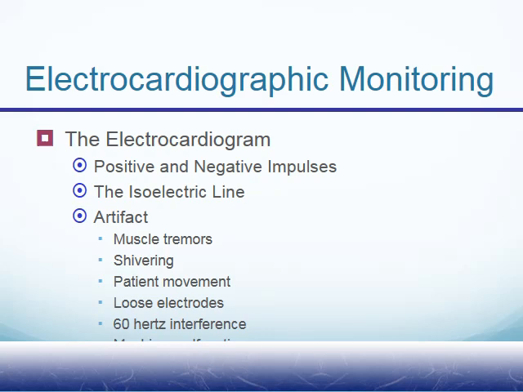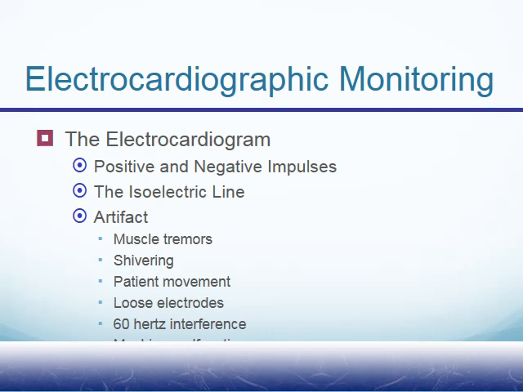It's important to remember as we start looking at these EKGs that we need to be able to determine what the actual tracing is showing and what's artifact. Artifact is just an interruption in the tracing caused by something other than the patient's bioelectrical impulse.